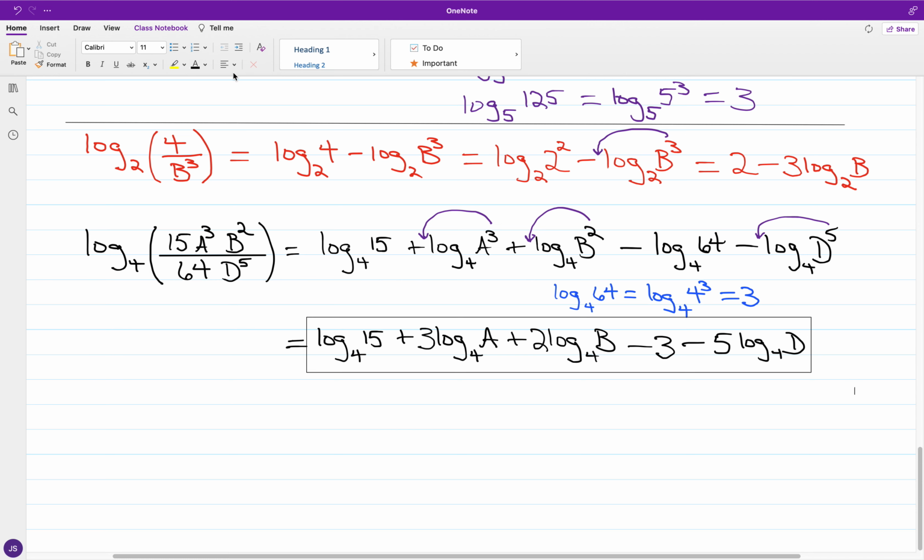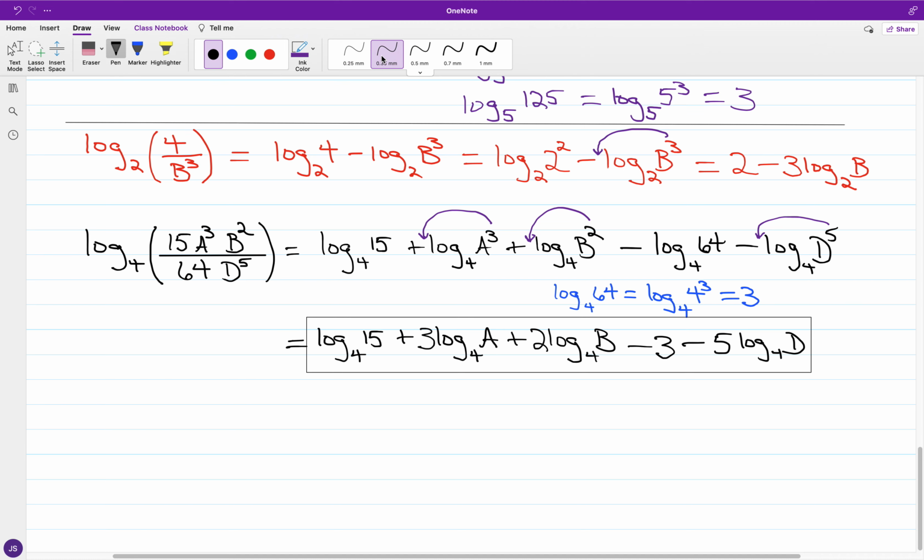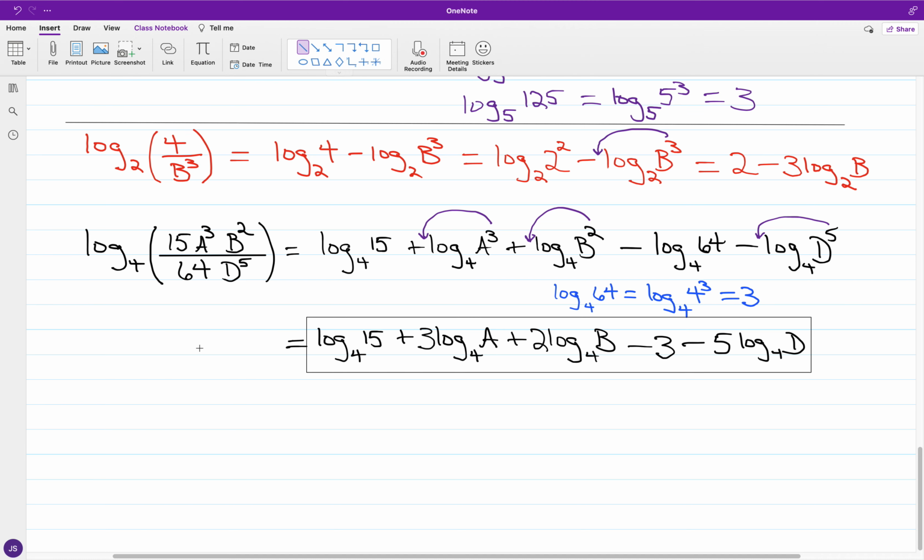There's another way that you could do this, but think of it like this. In fact, let me throw in this extra example, even though it is multiplying.